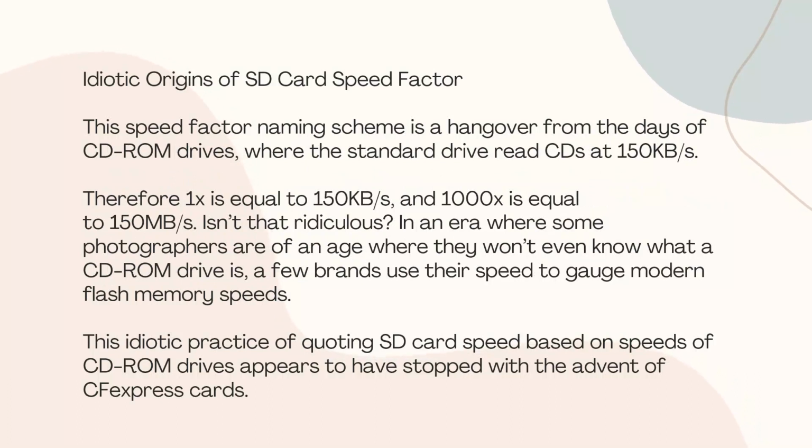This speed factor naming scheme is a hangover from the days of CD-ROM drives, where the standard drive read CDs at 150 kilobytes per second. Therefore, 1x is equal to 150 kilobytes per second, and 1000x is equal to 150 megabytes per second.